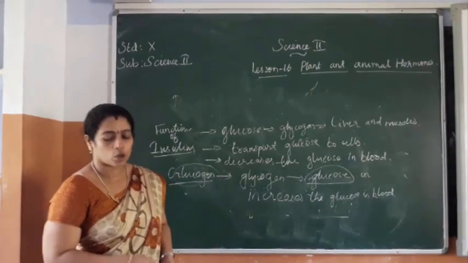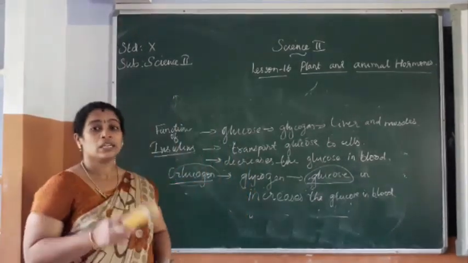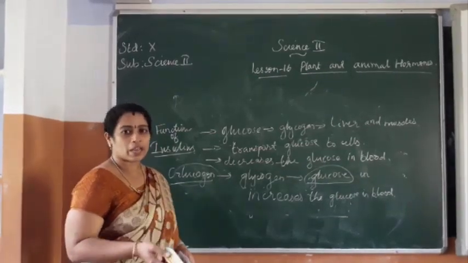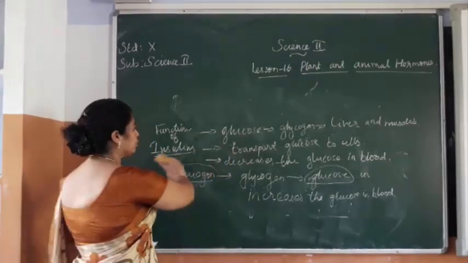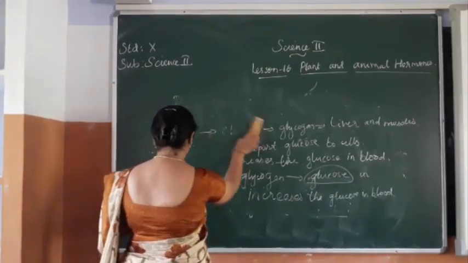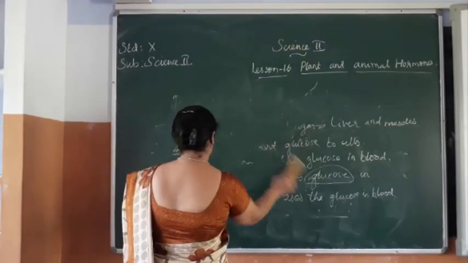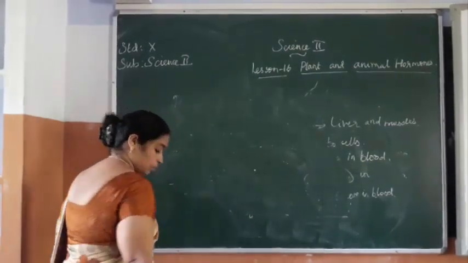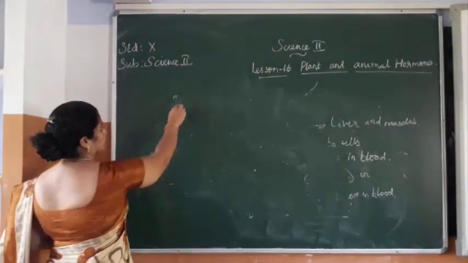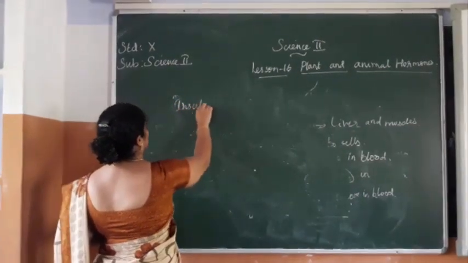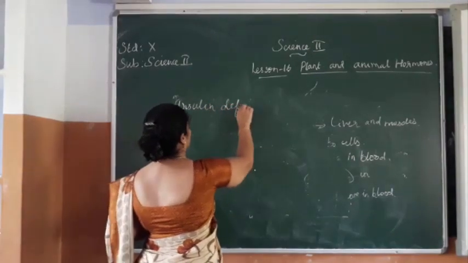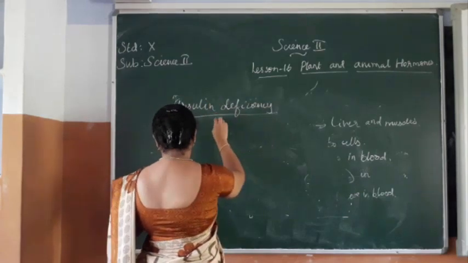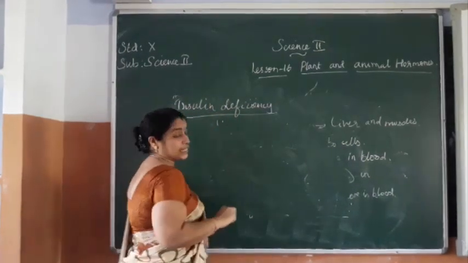Pancreatic hormones. Next, we are going to study about the dysfunction. If any dysfunction happens to these hormones of the pancreas, what will happen? Okay, let's see. Insulin deficiency causes, first, an increase in sugar level.